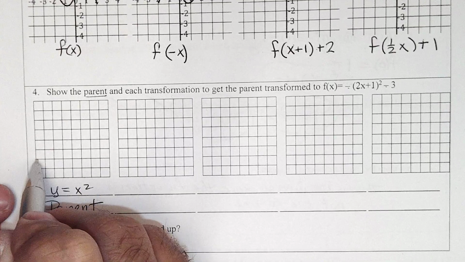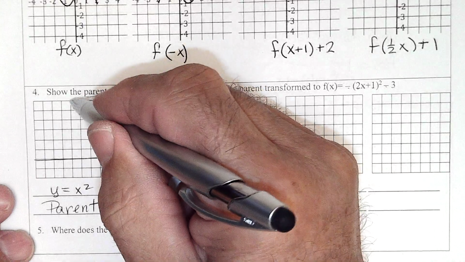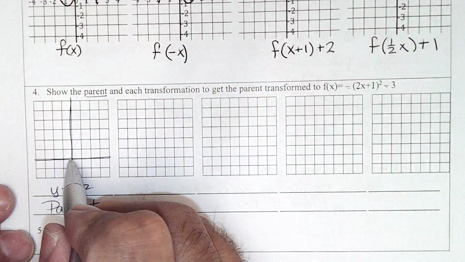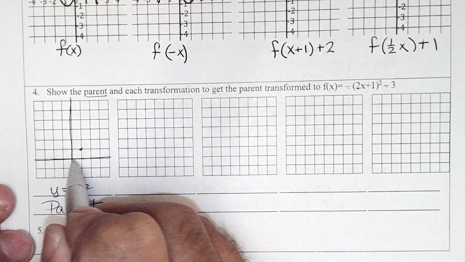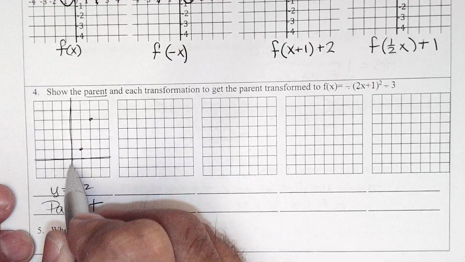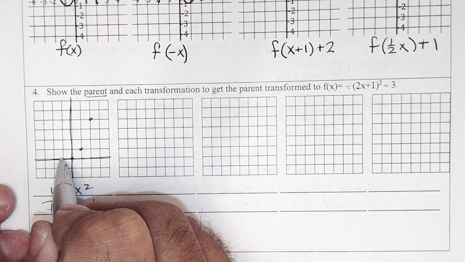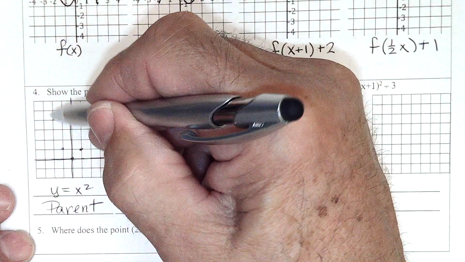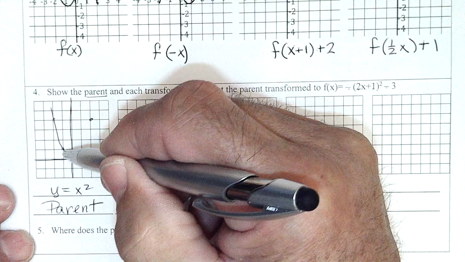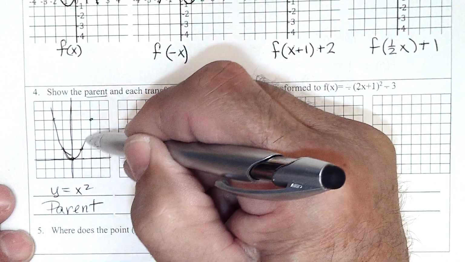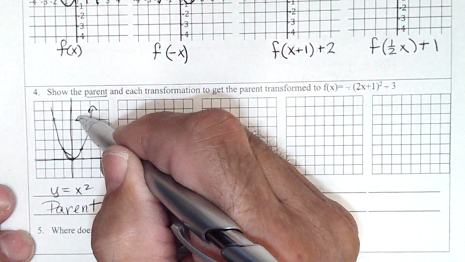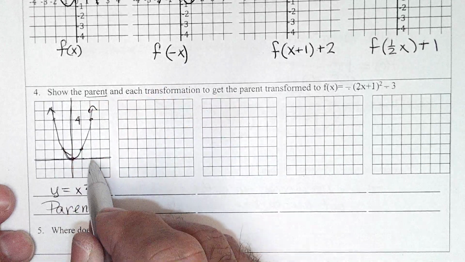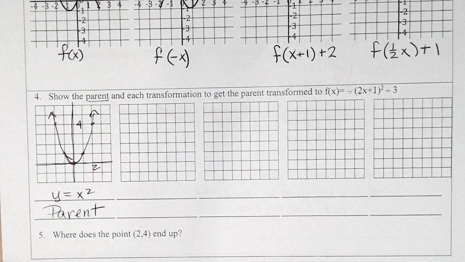And that looks like 1 squared is 1, 2 squared is 4, 0 squared is 0, minus 1 squared is 1, minus 2 squared is 4. So it looks like that. And I really would like you to put some units on so I can tell what you're thinking for what's the spacing.